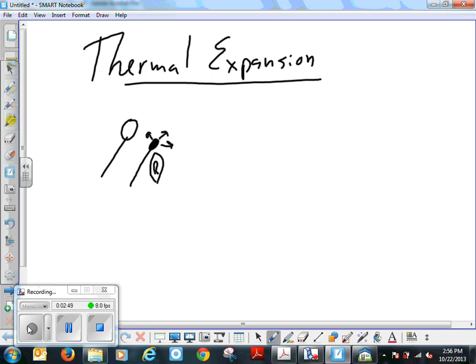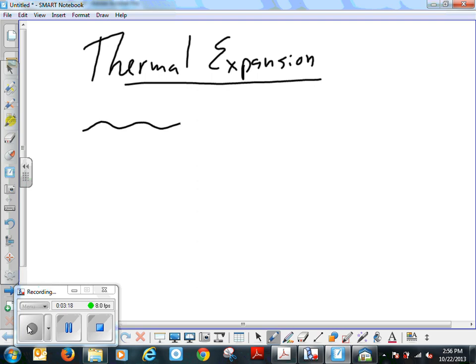Now, if they got so fast that the attractive and repulsive forces evened out, what happens to this solid? It would become a liquid. We'll talk about that a little more. But when I heated this up, it couldn't fit through the hole anymore because it had expanded.